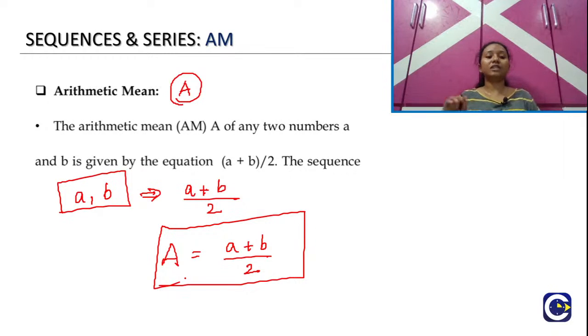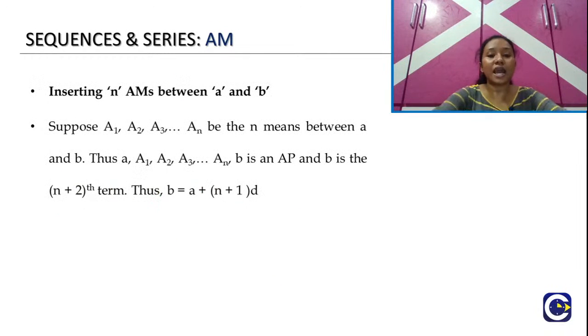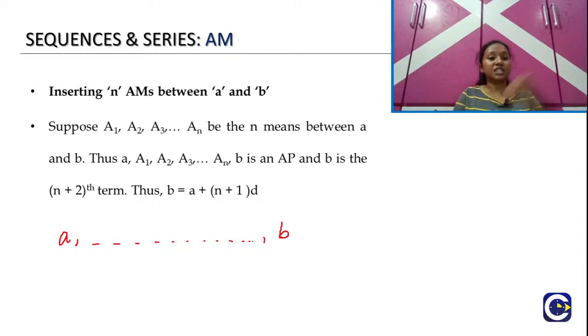Right. So here there is a new concept that we are going to learn in this arithmetic mean topic, that is inserting n arithmetic means between two given numbers. Suppose there is a sequence starting with the first term a and ending with the last term b, and in between we have inserted some n arithmetic means.